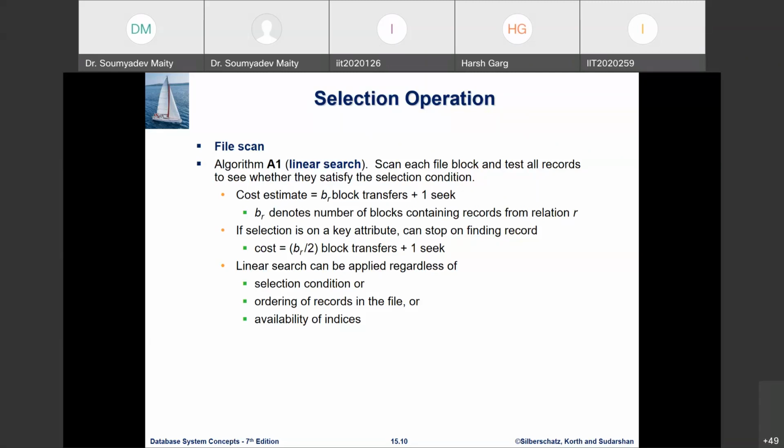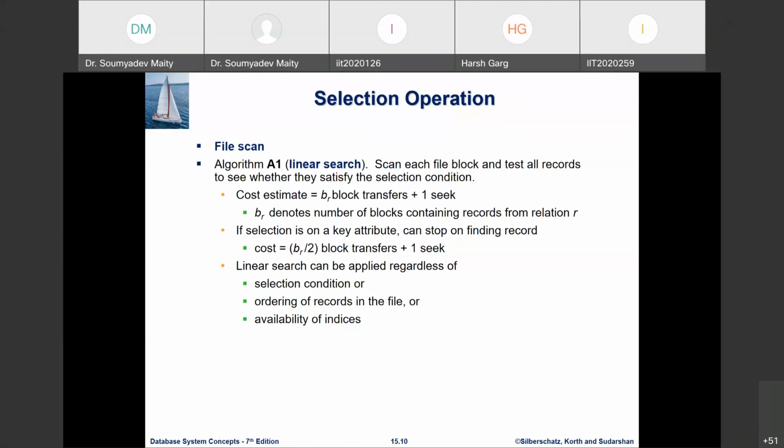What is the difference? If it is a key attribute, there will be only one row satisfying that condition. A condition can be of two types: equality and inequality. Greater than or equal to and less than or equal to are inequalities, and equal to is equality. So for an equality condition on a key attribute, only one record will satisfy that condition. Otherwise, there may be multiple records.